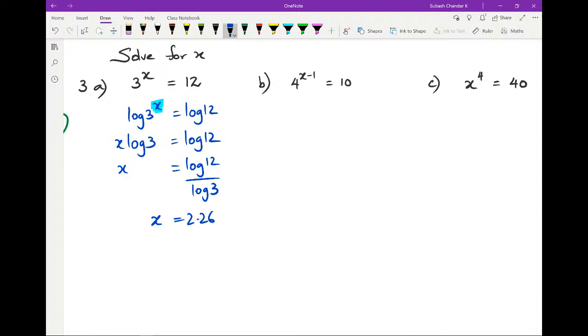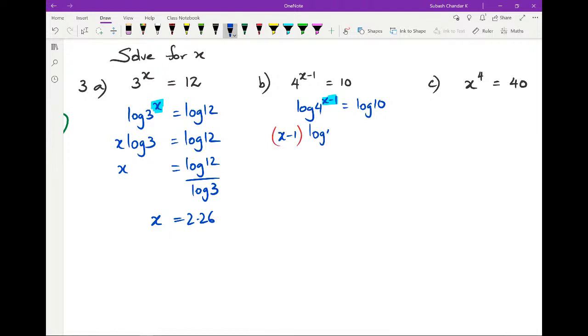So guys, if you look at question 3b, same rules with log. So we're going to take log 4 to the power x minus 1 equals log of 10. So remember, the power is x minus 1. So we're gonna bring that to the front, and we're gonna write this as x minus 1. Make sure you put that in a bracket.